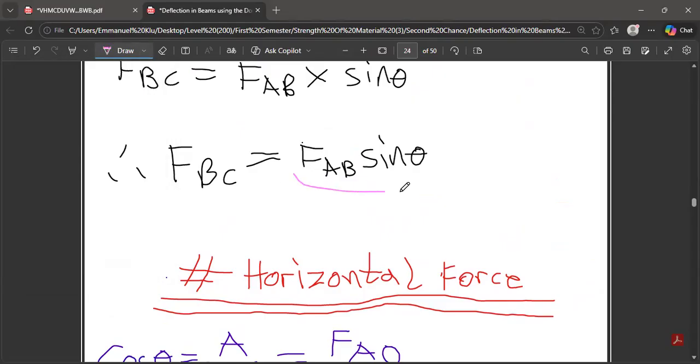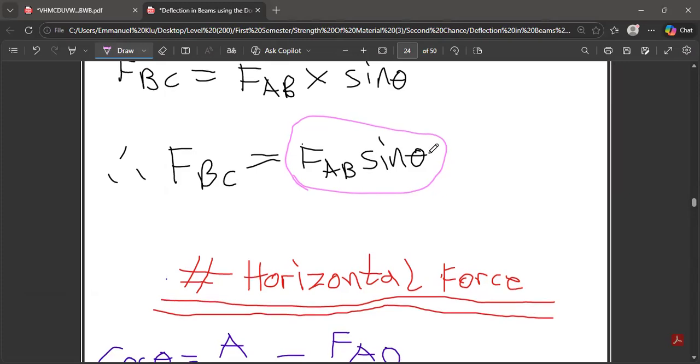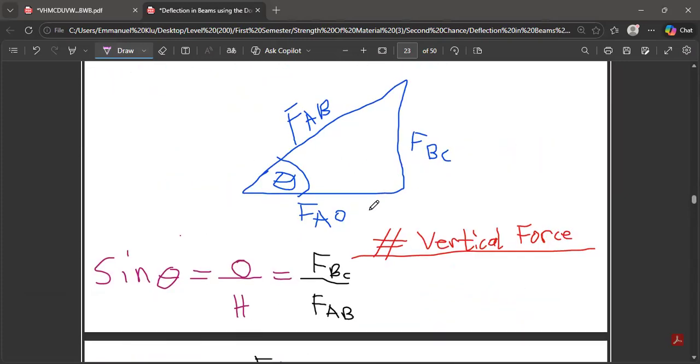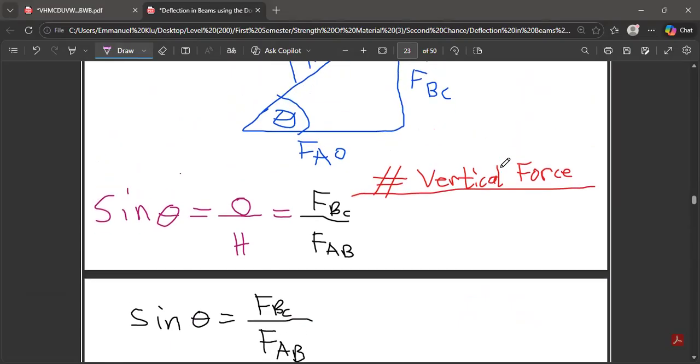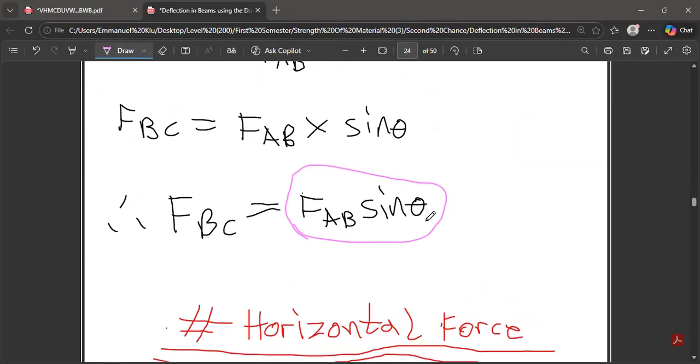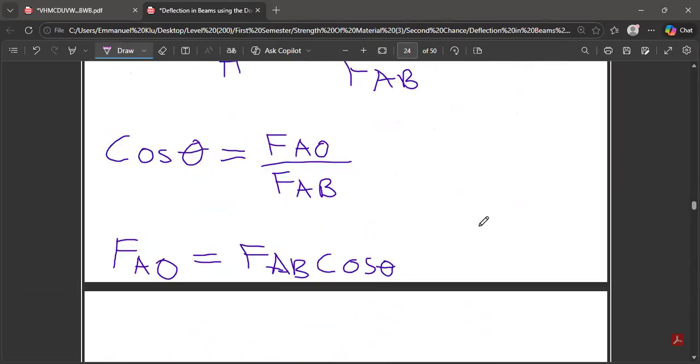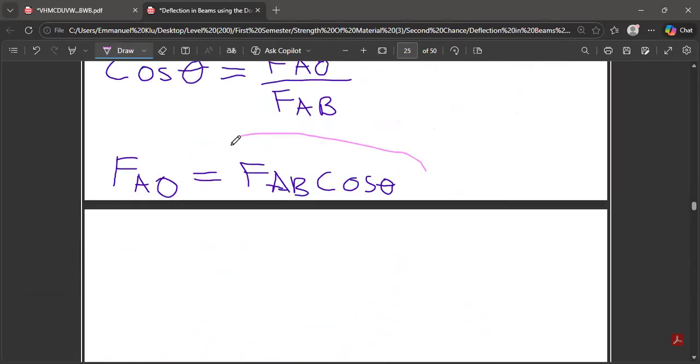To calculate the vertical force, we have to use FAB sine theta. To get the horizontal force, we have to use FAB cos theta. So please pay attention to this. We have just proved a rule.